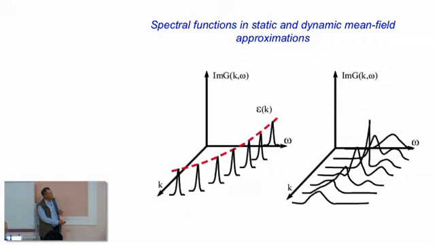Now, first of all, those quasi-particles have finite lifetime, which means finite width. But also, we will have Hubbard bands. So the spectral function now consists of two parts: finite-lifetime quasi-particles and Hubbard bands.